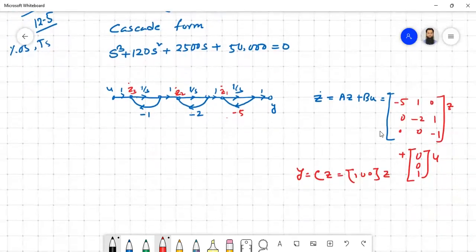Now we also have to deal with the error of the states. We have to have a replica of the system, which is the observer, the same system.